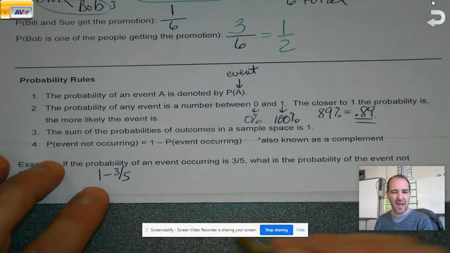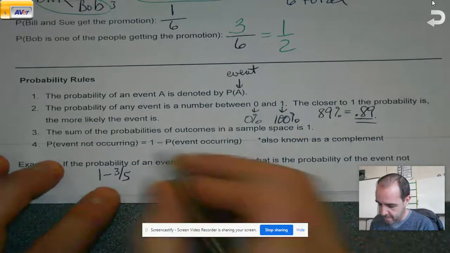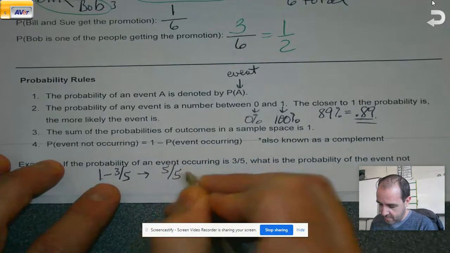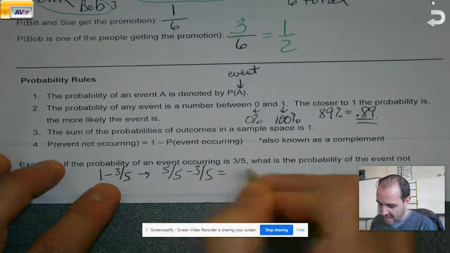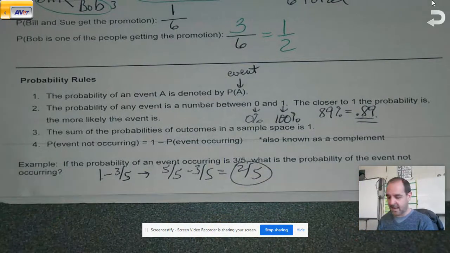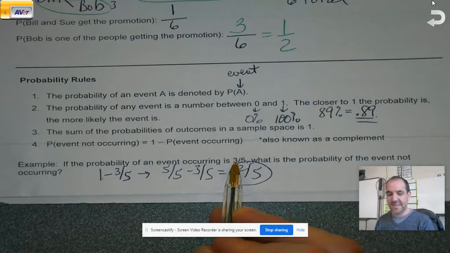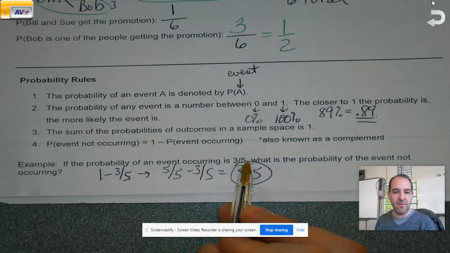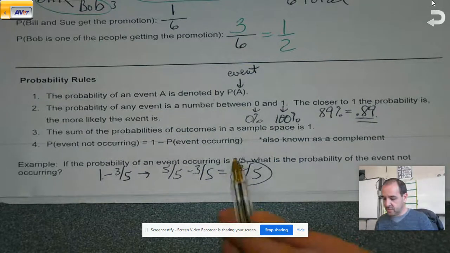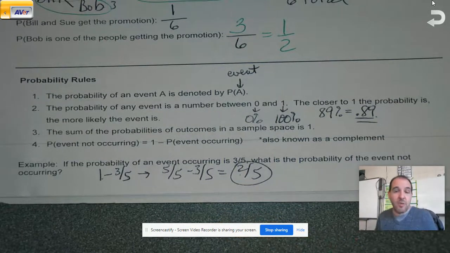I can put that in my calculator, but let's just think about it. If I had a common denominator, that'd be 5 out of 5. And if you really think about it for a second, couldn't we figure that out pretty easily? If the event occurring is 3 successes out of 5, how many instances are left that wouldn't work? 2, because 3 plus 2 is 5, and it has to add up to 1, right? That's the way we think as far as probability goes.